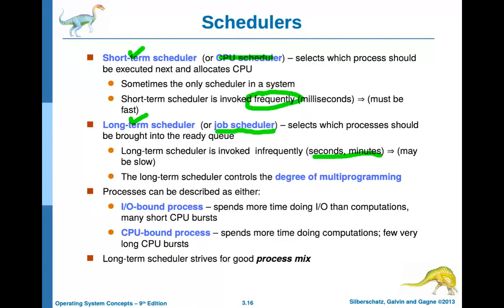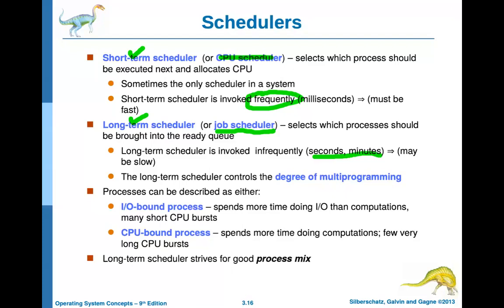How many processes are there in the ready queue? This is typically called the degree of multiprogramming: the number of processes executing concurrently. Whenever you bring a process into the ready queue, you are increasing the degree of multiprogramming.